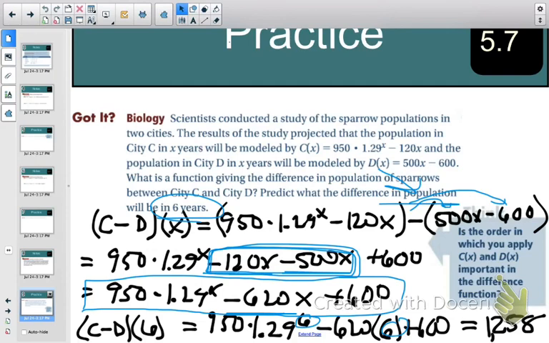So city C will have 1,258 more sparrows than city D. Super important information to know. But yeah, so that's how you combine functions. Again, you're just adding or subtracting them, combining like terms, and simplifying. Not too complex. It looks complex, but it's really not.